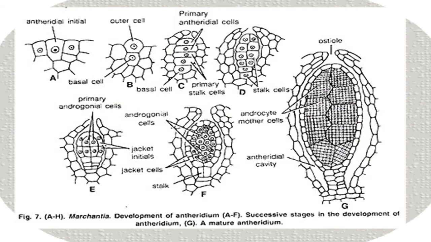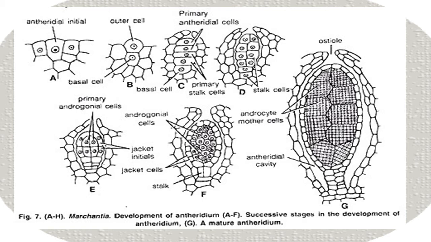Now, next, the diagrammatic representation of Marchantia, development of antheridium. Figure A, successive stages in the development of antheridium. We can see antheridial initial. Figure B, basal cell and outer cell. Figure C, primary stalk cells and primary antheridial cells.